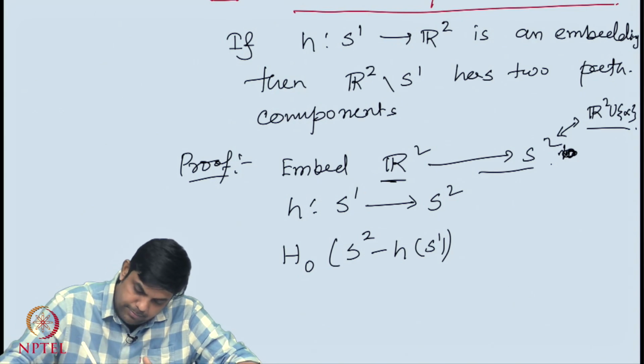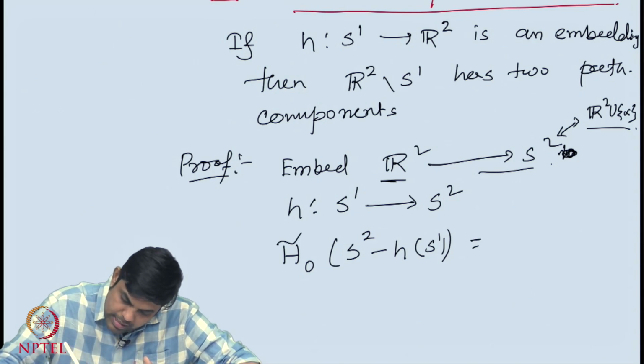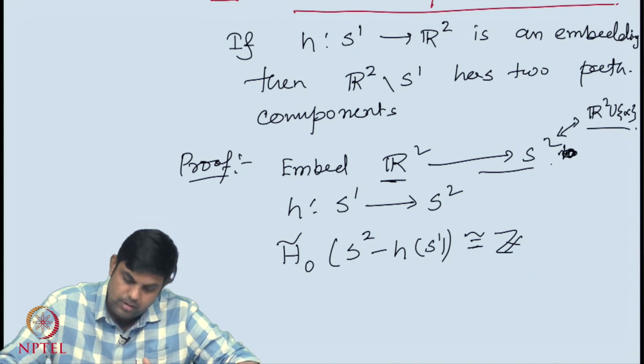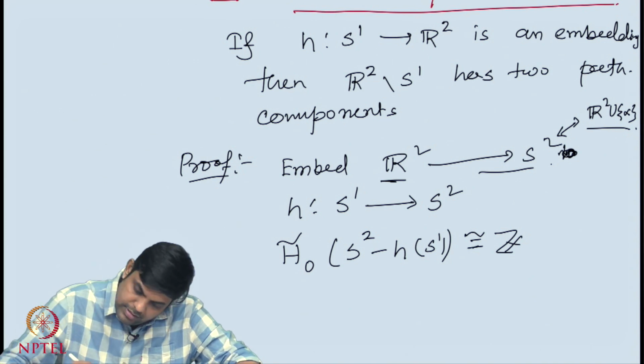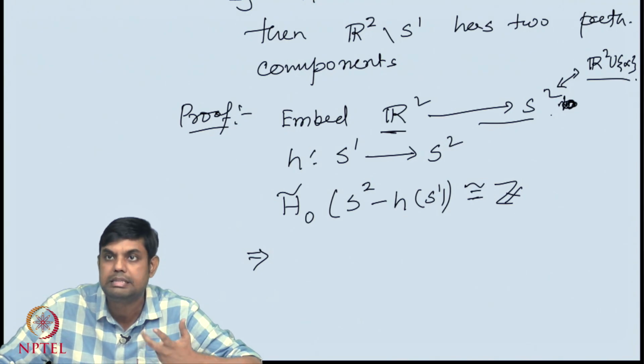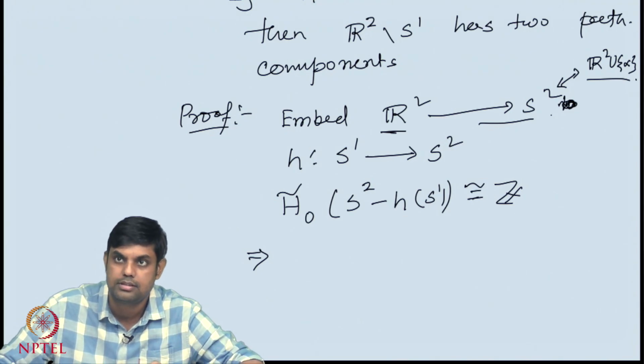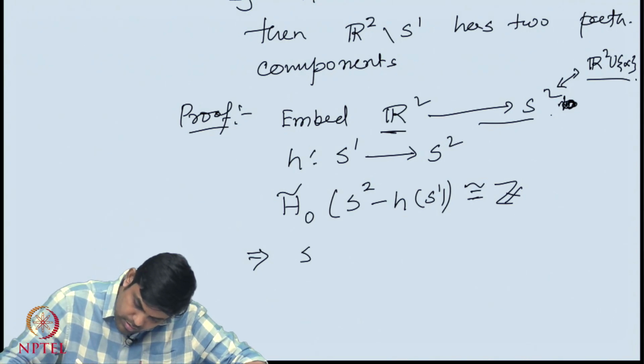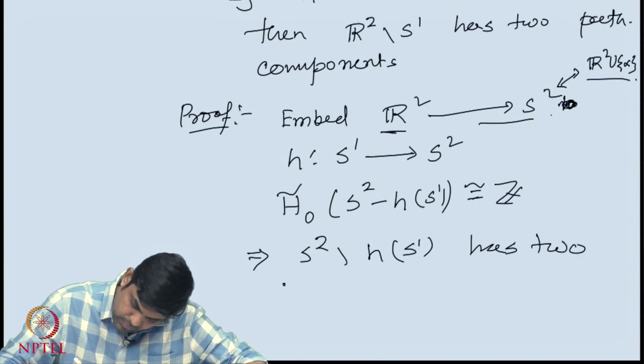This is 2 minus 1 minus 1, so that is isomorphic to Z. Therefore, this will imply that this has two components. The 0th reduced homology being Z means it has two components. So, S2 minus h(S1) has two path components.